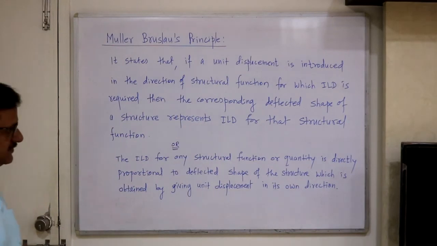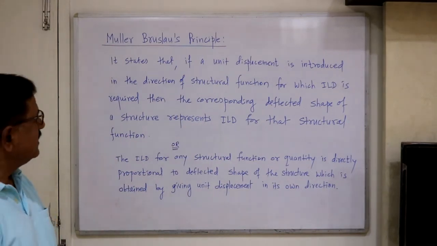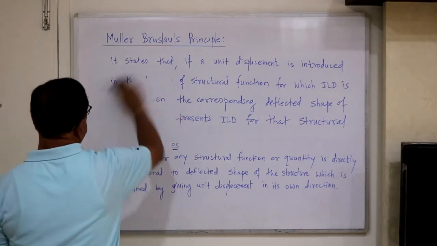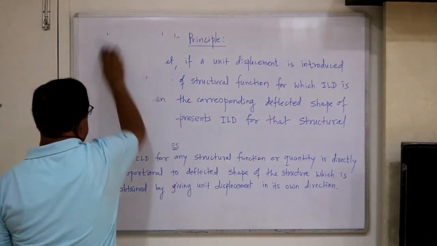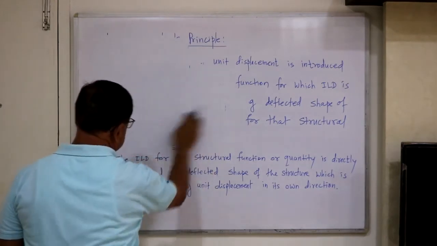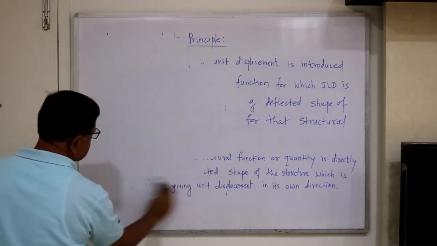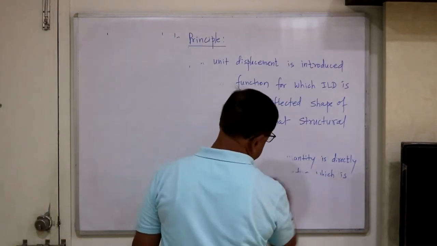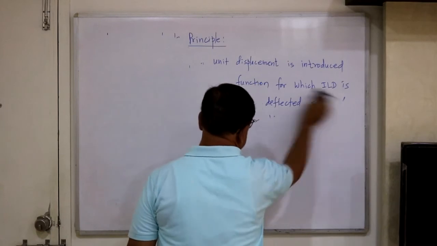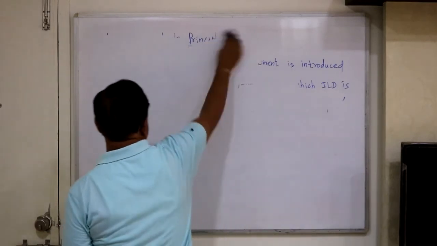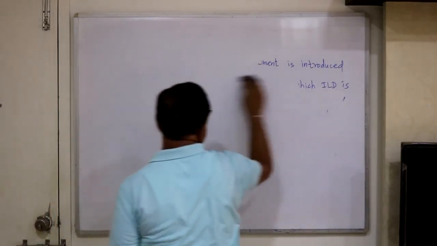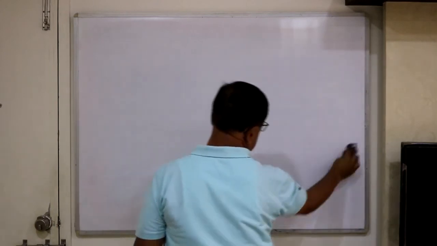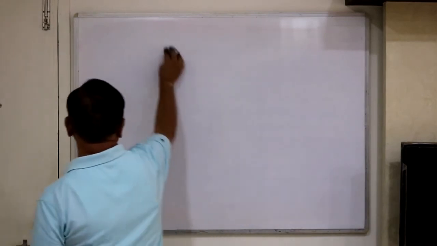Now with the help of Muller-Breslau principle, let's see how to construct influence line diagrams. Again, we will see both examples, the simply supported beam and the cantilever beam, because these are the important ones in order to understand the influence line diagrams for compound beams.